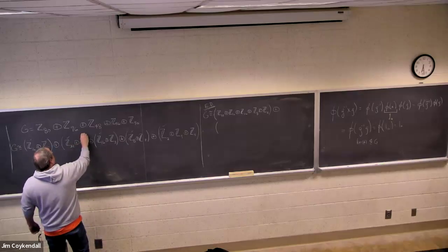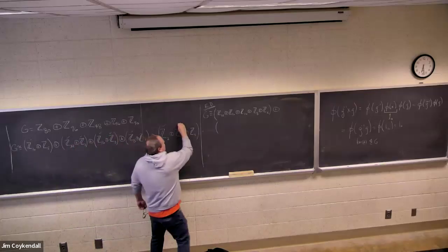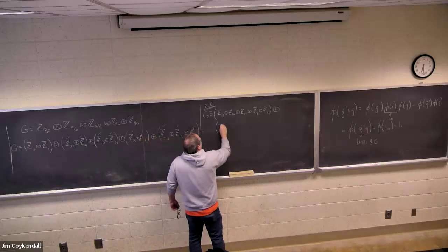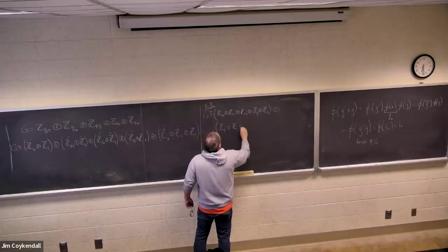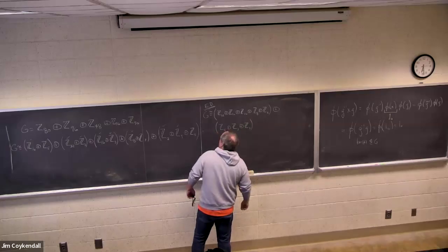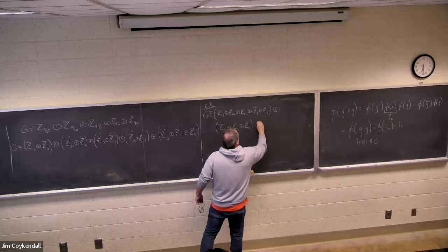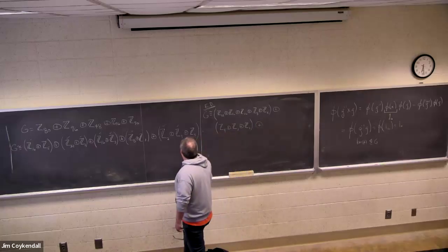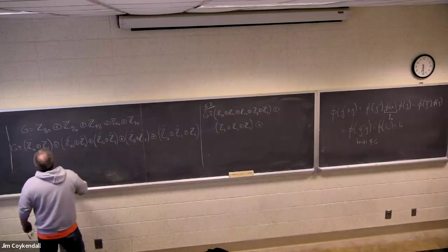So what I've got is 3, 3, and 9. Right, so the next one on the plate is 5.